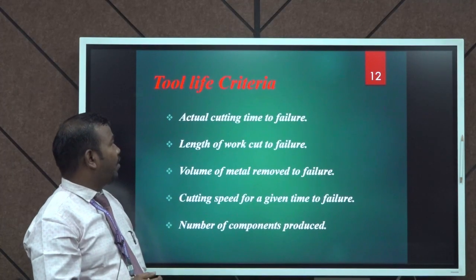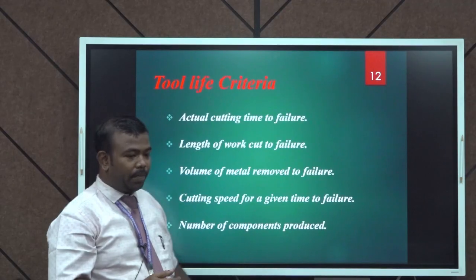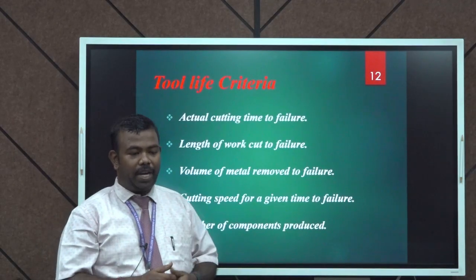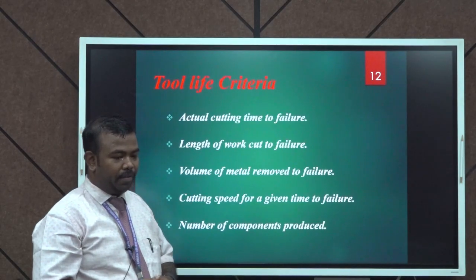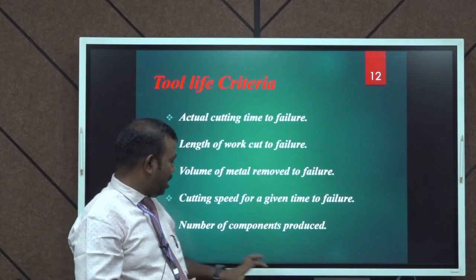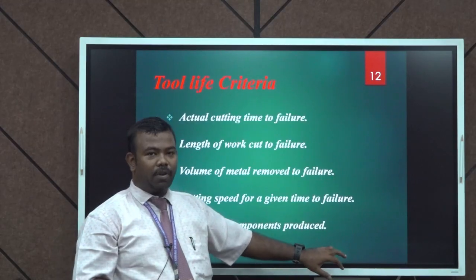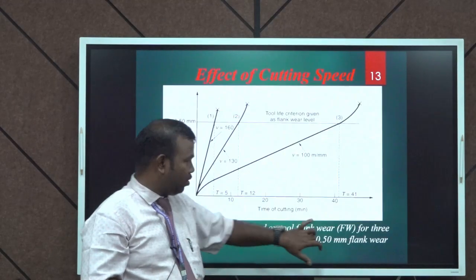Tool life criteria is denoted by the actual cutting time to failure, the length of the workpiece, the cutting speed for the given time to failure, and the number of components produced with a single tool.